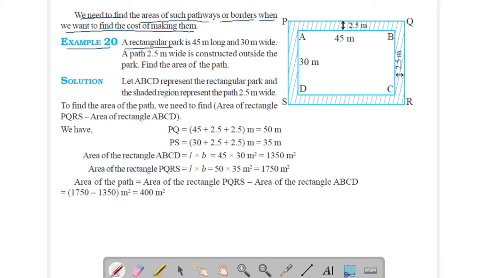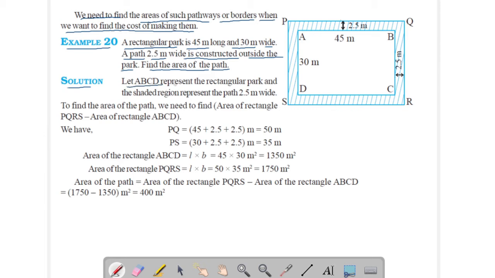Say example 20. A rectangular park is 45-meter long and 30-meter wide. A path 2.5-meter wide is constructed outside the park. Find the area of path. See the solution.